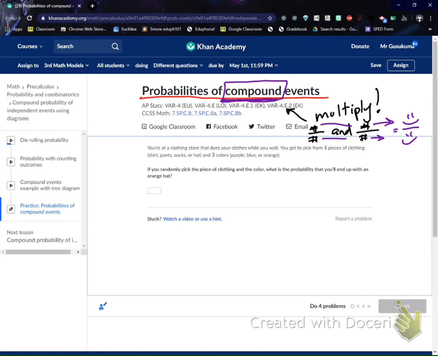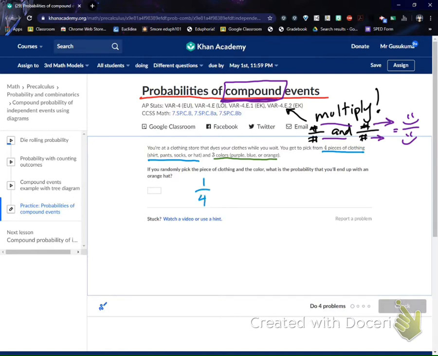You're at a clothing store that dyes your clothes while you wait. You get to pick from 4 pieces of clothing, so here's one choice that's going to be made, and 3 colors, so here's a second choice that is going to be made. So from our simple probability, I know that my chance of getting any one of those 4 different types of clothing would be 1 out of 4.